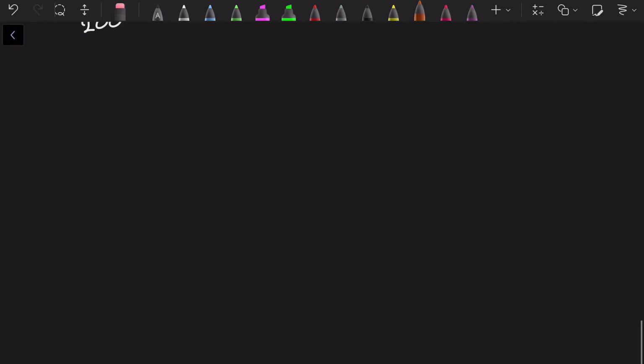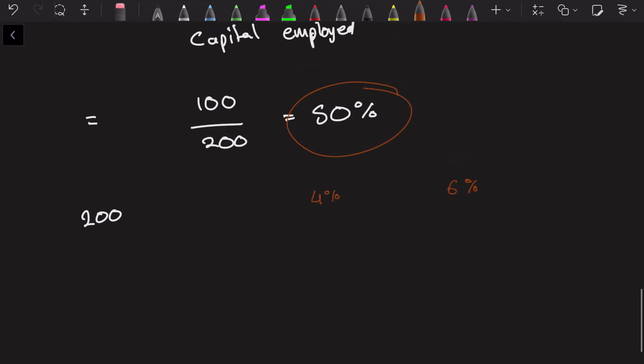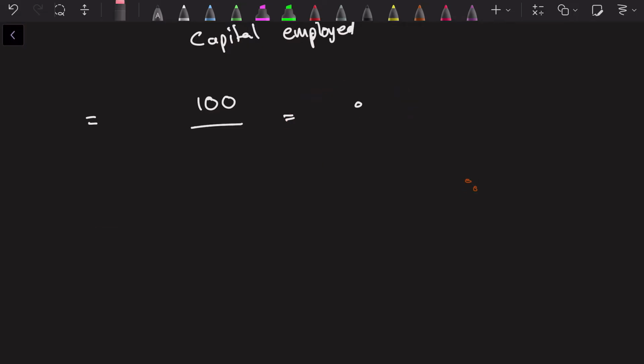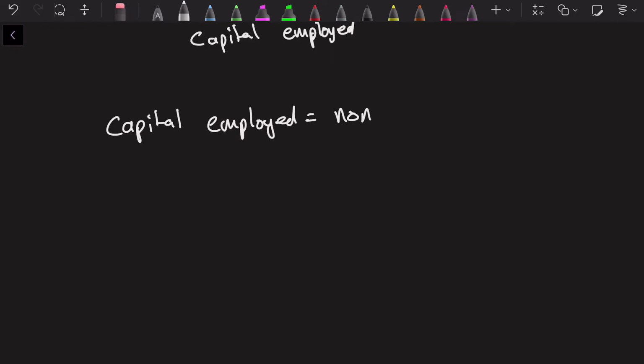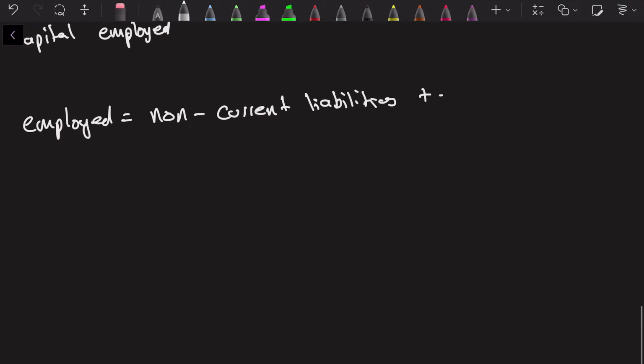Okay. Oh yeah, and also this confused me a lot at the start. I'll just get rid of this, clean it up a bit. But capital employed is equal to non-current liabilities plus equity. So equity is share capital and retained profit.